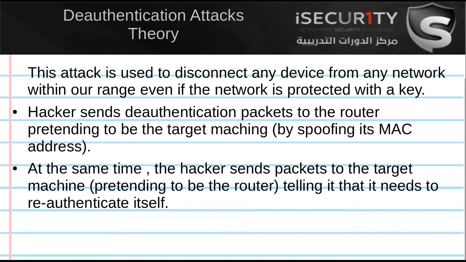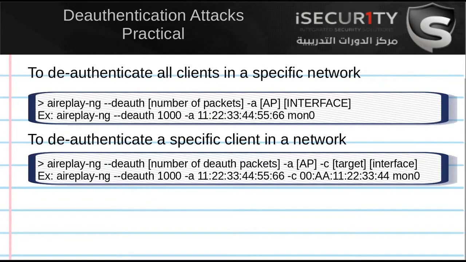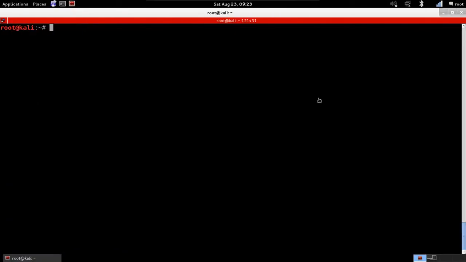We're going to use a tool called AirPlayNG to do it. So let's see how we can do that. First of all, we need to run AeroDumpNG on the target network because we want to see which clients are connected to it. Our first command is going to be AeroDumpNG.